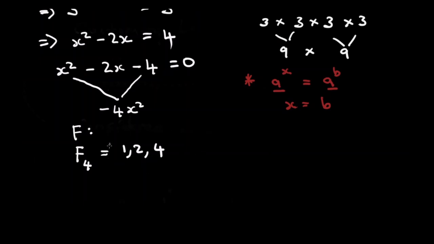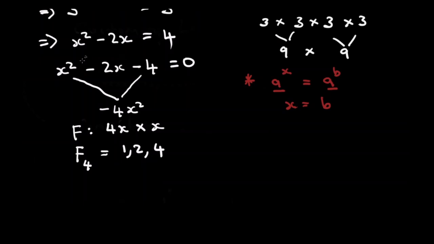These factors, they multiply 4 times 1, so it's 4x times x. It gives us minus 4x squared, and 2 times 2 also gives us 4.